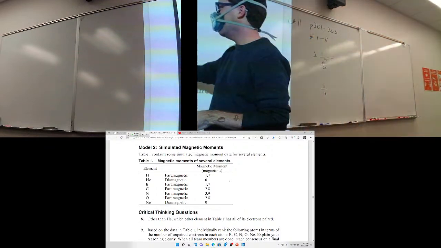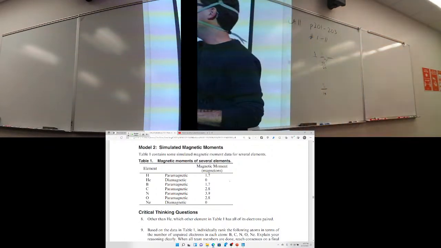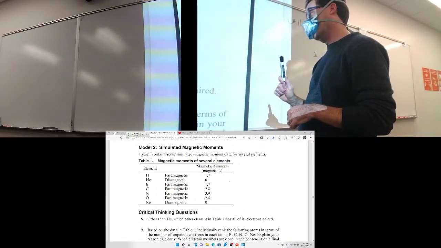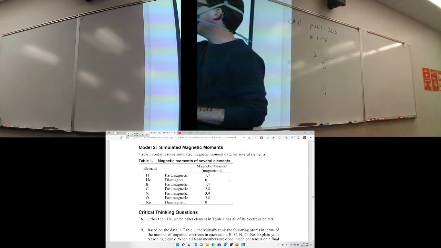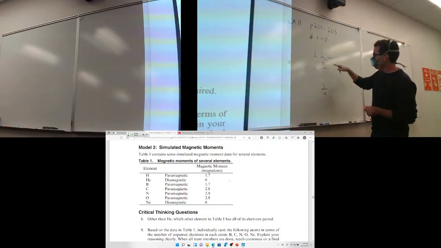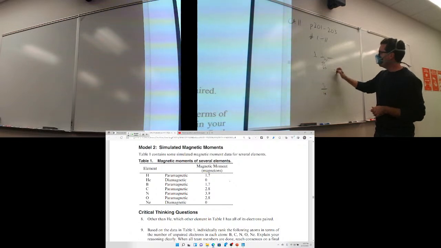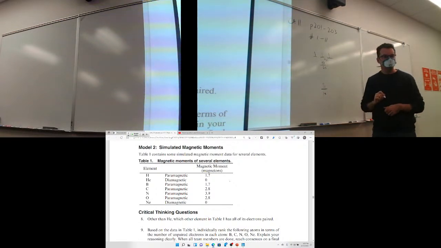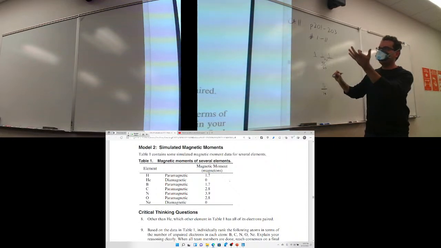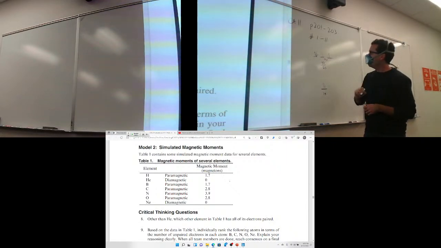And then skip nitrogen, do oxygen and neon. So for oxygen, no, we're not skipping nitrogen. So for nitrogen, there's 3 unpaired electrons. For oxygen, there's 2. So this is carbon. If I turn this into nitrogen, there's 1 more unpaired electron. So there's going to be 3 unpaired electrons. If I do oxygen, it's got 8 electrons, so the 8th one would go there.